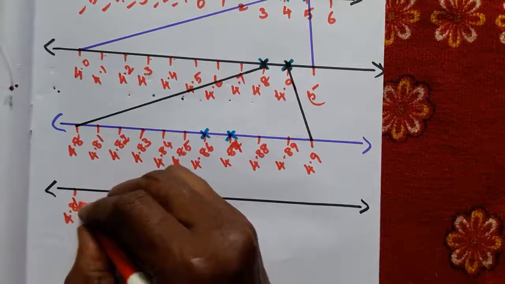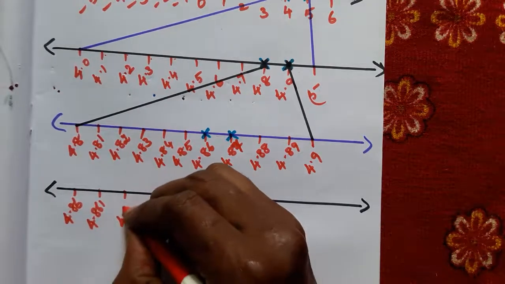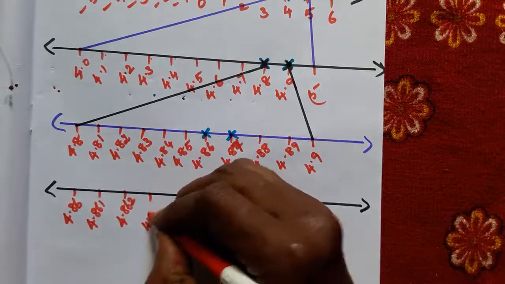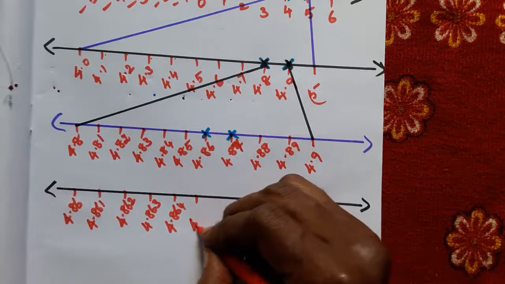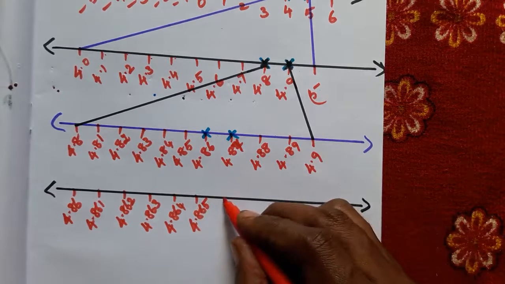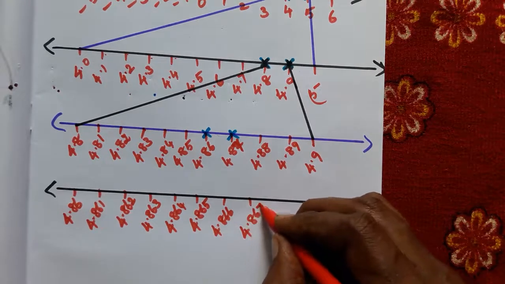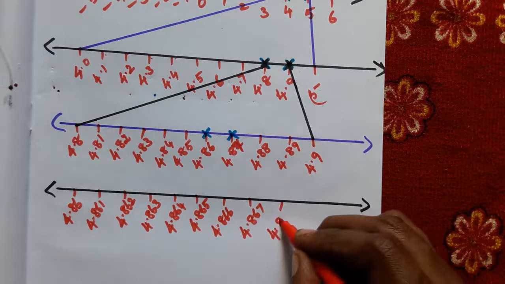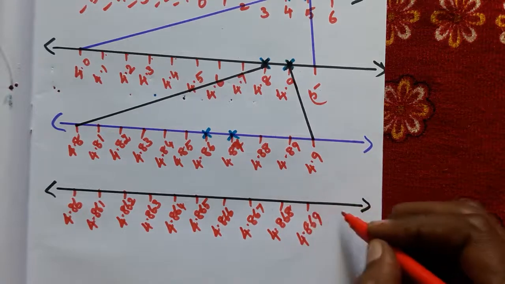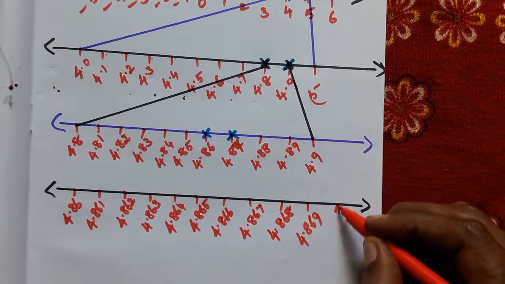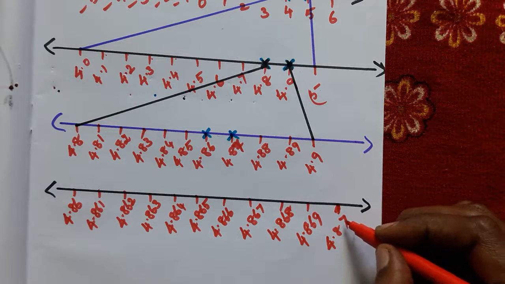4.86. Afterwards, 4.861, 4.862, 4.863, 4.864, 4.865, 4.866, 4.867, 4.868, 4.869, and after 4.869 comes 4.87.